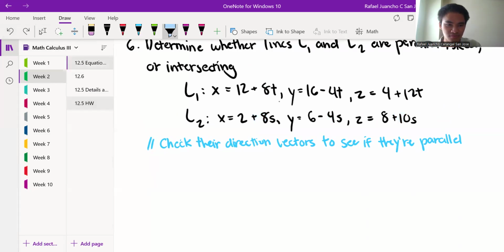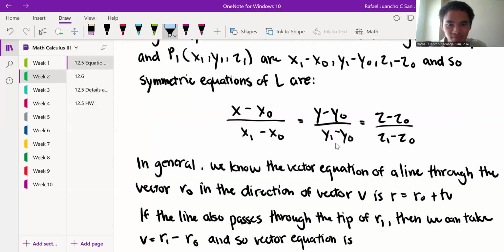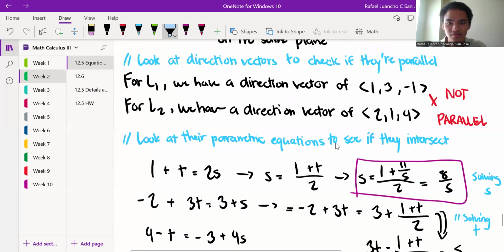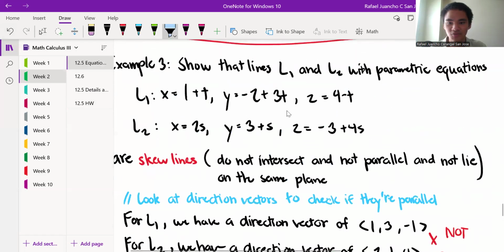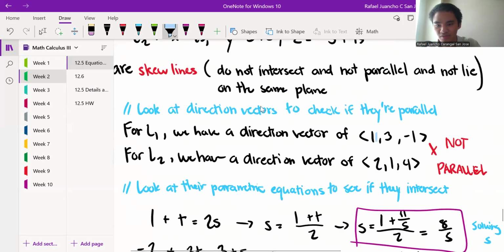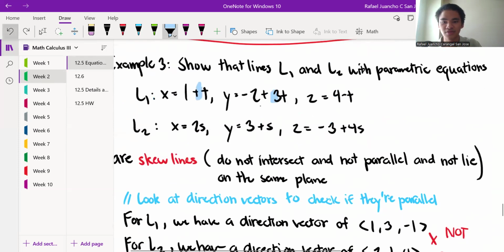So if we look at our example here, see how they had two lines? They looked at one, so this is one, this is three, this is negative one. So 1, 3, negative 1, right?